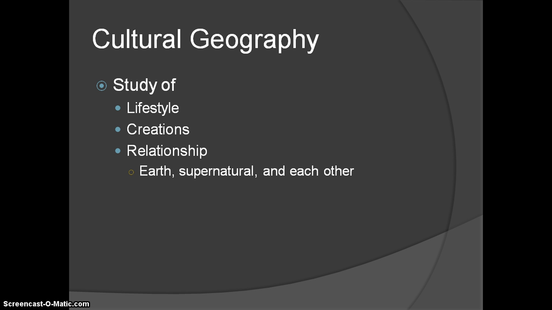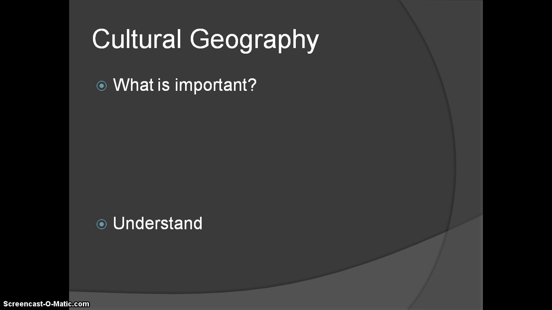What are the social relationships between individuals, whether it's between people of the same social status or maybe the leaders, and then of course who are the leaders within society, whether they're religious or political leaders, and then how do they relate with one another. All these things really are going to be kind of encompassed and part of cultural geography, and then of course we want to understand how does that change across the space of the earth.